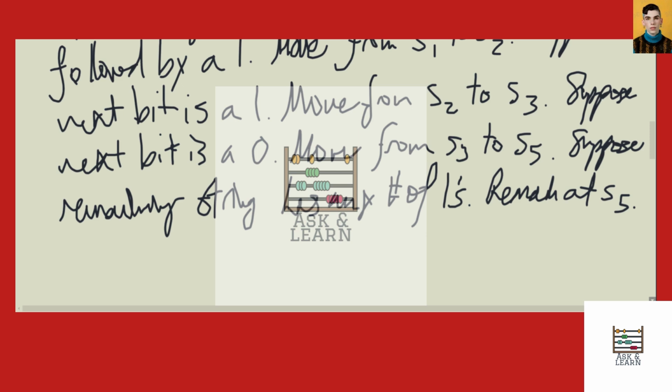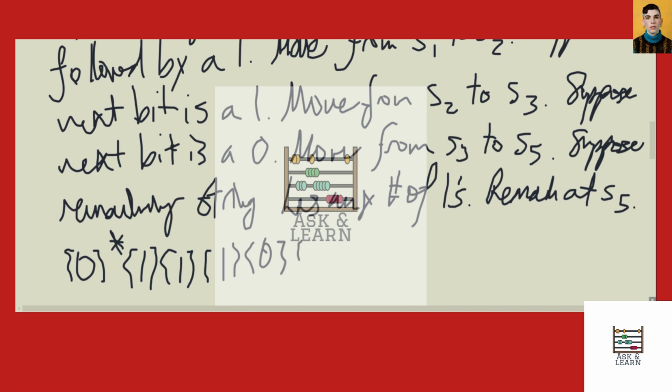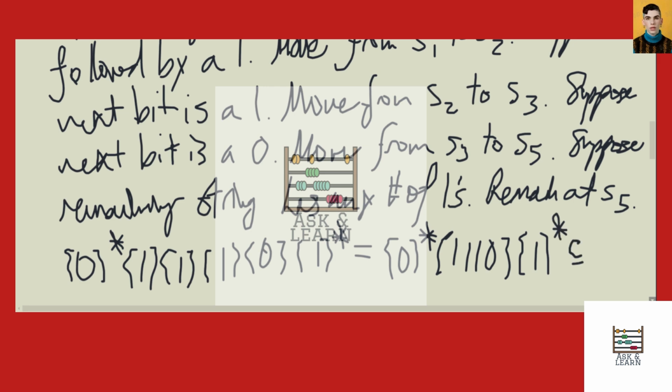So all strings contained in the set 0 star 1 1 1 0 1 star, which can be abbreviated as 0 star 1 1 1 0 1 star, is a subset of the recognized language.